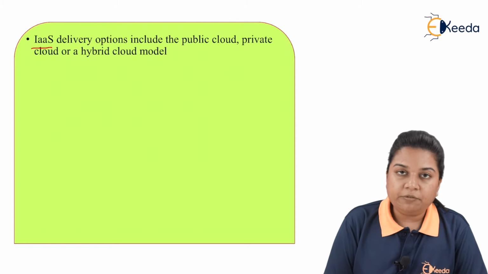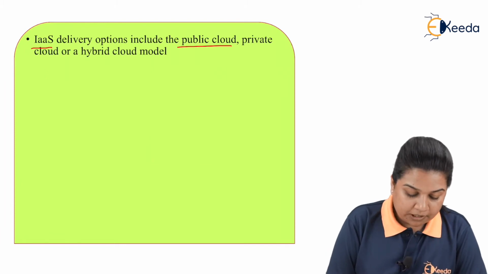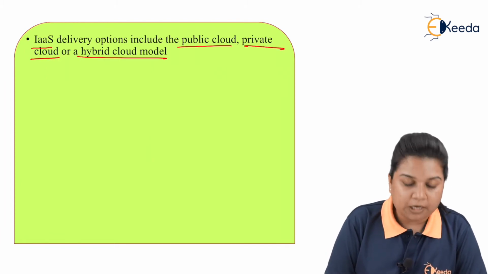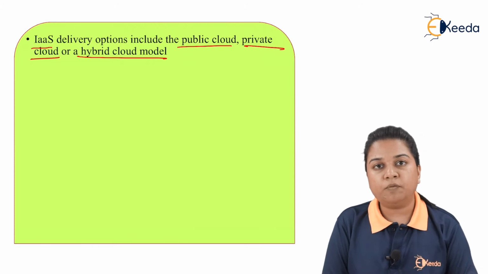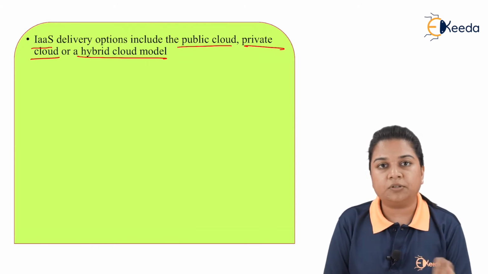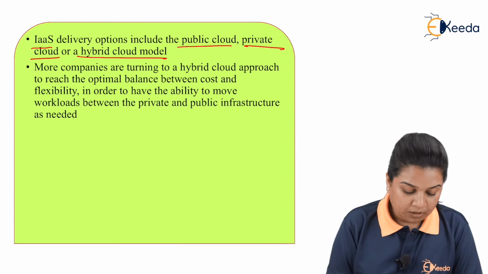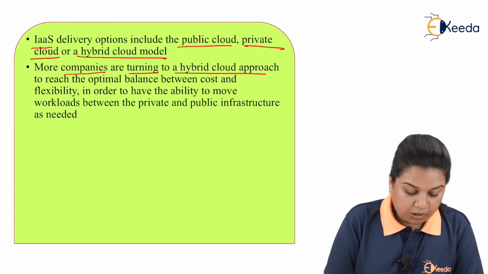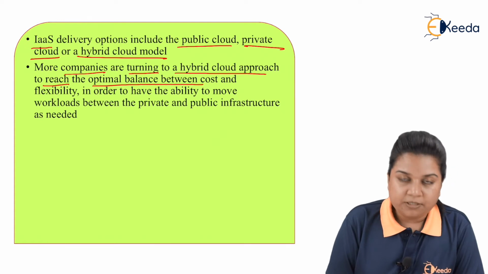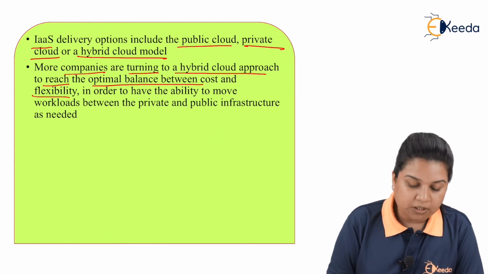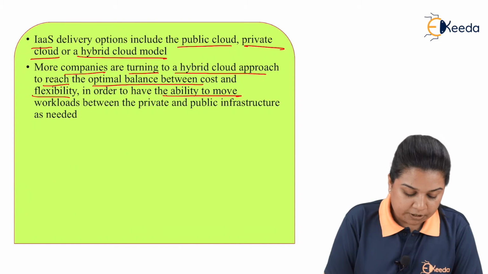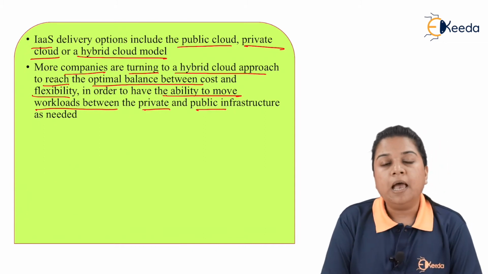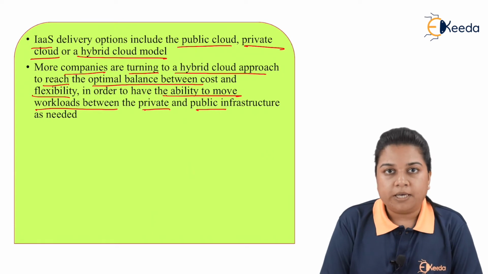Infrastructure as a service delivery options include the public cloud, private cloud, or a hybrid cloud model, meaning any deployment model could have infrastructure as a service. More companies are turning to a hybrid cloud approach to reach the optimal balance between cost and flexibility, with the ability to move workloads between private and public infrastructure as needed by the organization.